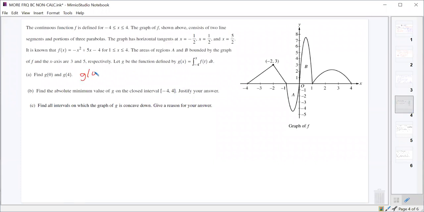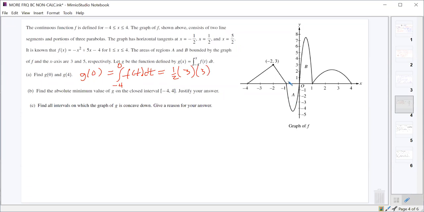So g of 0 ought to be the integral from -4 to 0 of f of t dt. And the integral from -4 to 0 ought to be this triangle plus this region of A. So the triangle is 1/2 the base times the height.